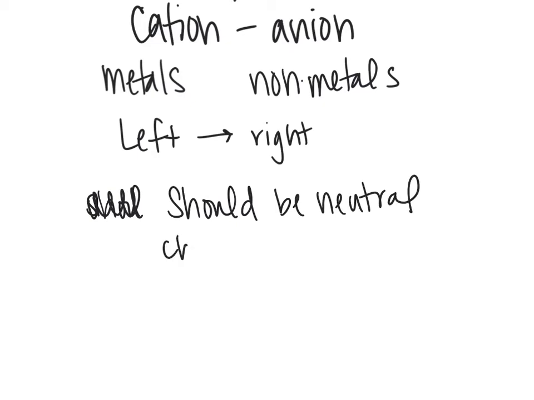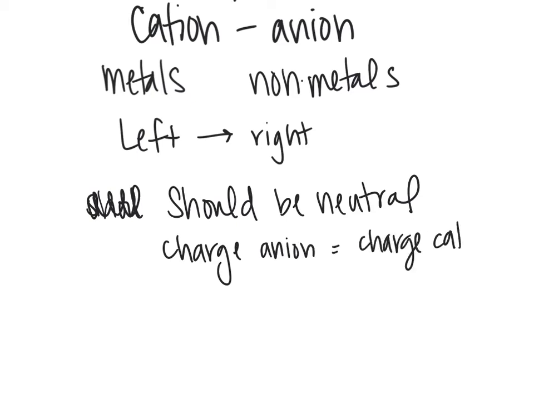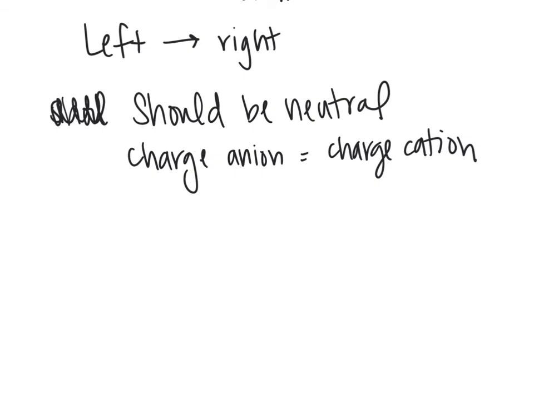So the charge on the anion needs to equal the charge on the cation. Now, you might be thinking, but what if one is -2 and one is +1? If you have a -2 charge and a +1 charge, that would mean you need two of these. So you'd have a -2 interacting with a +1 and a +1.